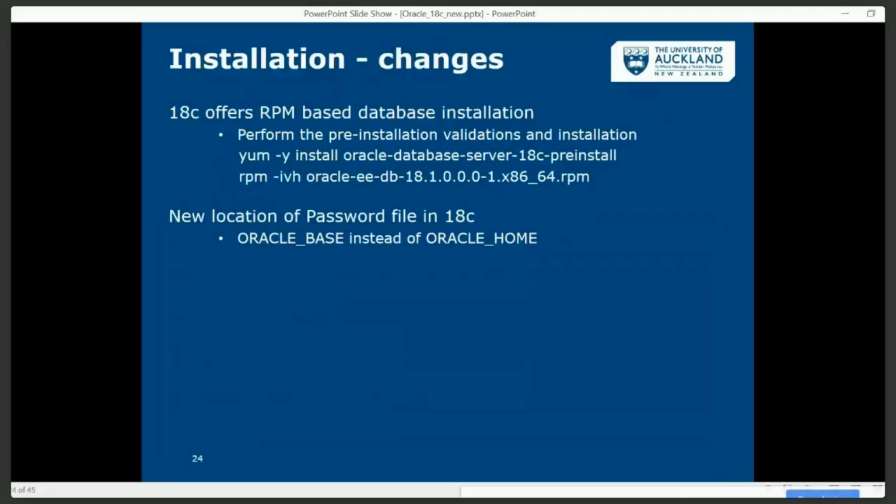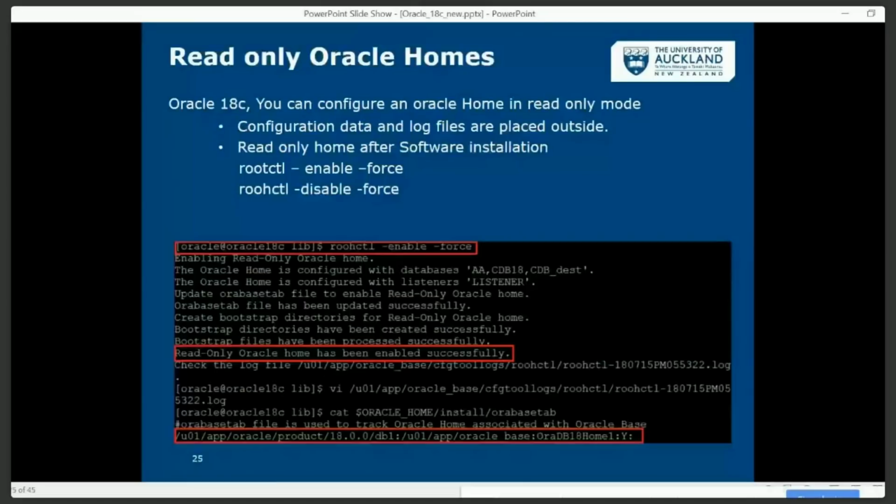Read-only Oracle Homes. This is also another big feature. Starting with 18C, you can configure an Oracle Home in read-only mode. So why do you need a read-only Oracle Home? In a read-only Oracle Home, all the configuration data and log files reside outside of the read-only home.